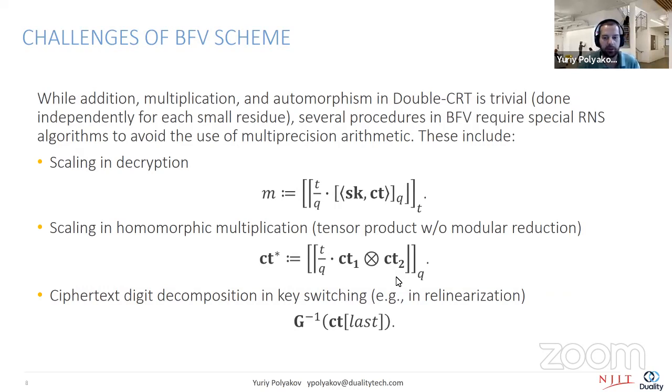The high-level idea is that we need to take one of the polynomials and decompose it into digits, and that in the classical formulation requires going back to multi-precision representation.